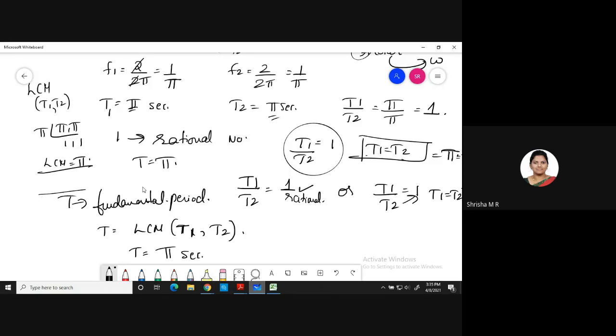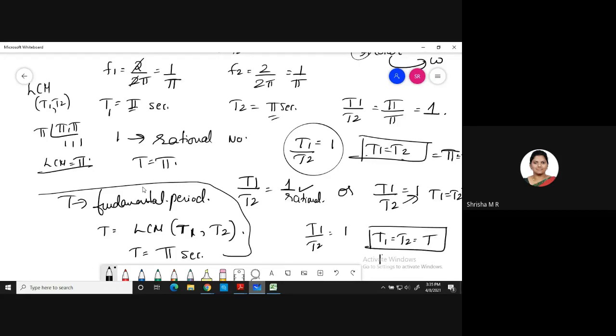Or if you can't find the LCM, you have the ratio of T1 by T2, which is equal to 1. So T1 is equal to T2, which is equal to the time period. T1 is pi seconds, T2 is also pi seconds, which is the fundamental period. Got it? Clear, everyone?